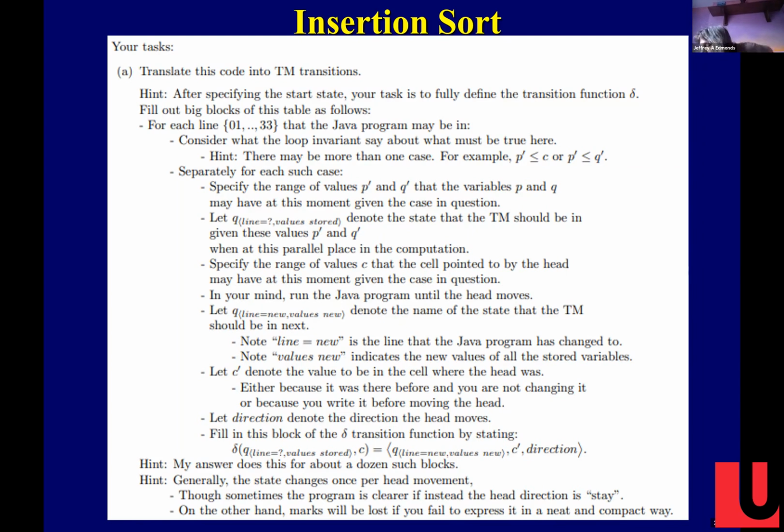And there's two options. The one option is that you run the code until the head moves, right? You can't run it further than that, right? Because when the head moves, then things change and the Turing machine needs to take a step, right? So definitely stop running the Java code when the head moves.